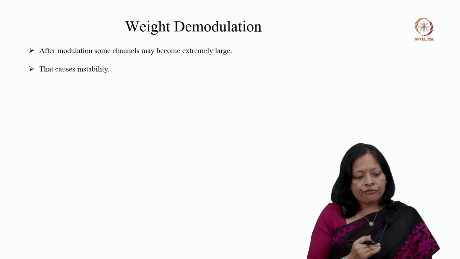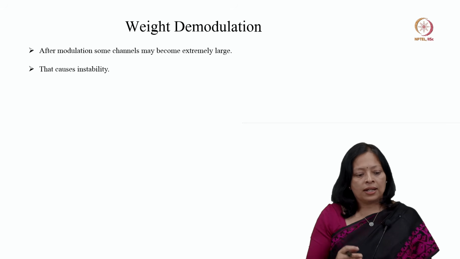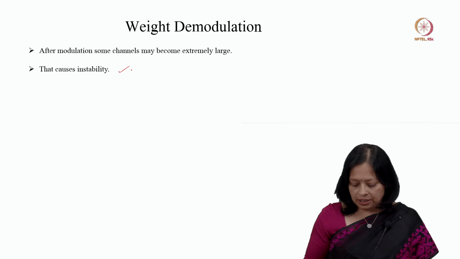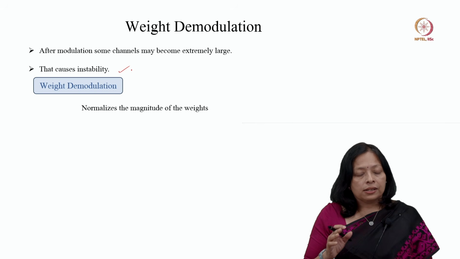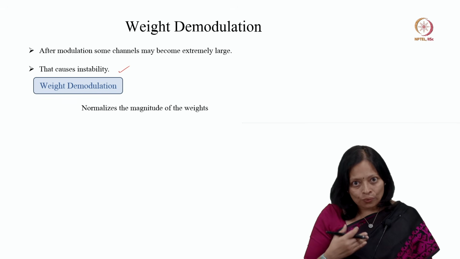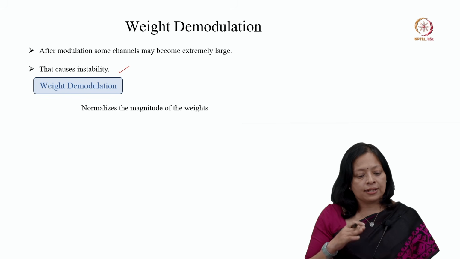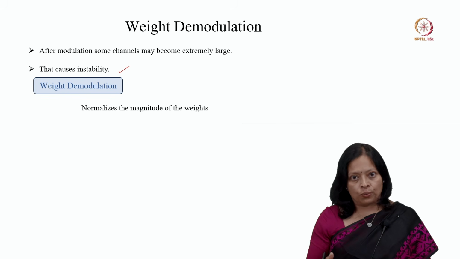If some channel values become too high, this causes instability, and to reduce that instability, we undergo the process of demodulation. What is it? It normalizes the magnitude of the weights.